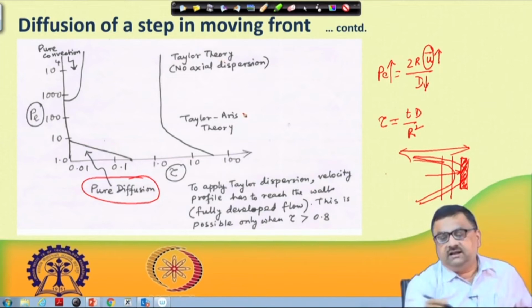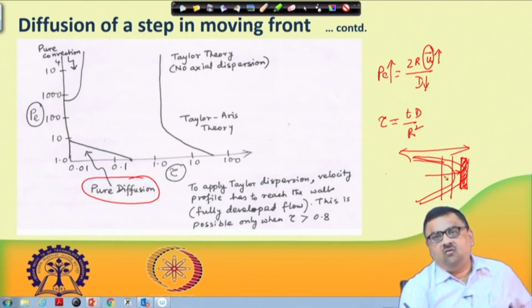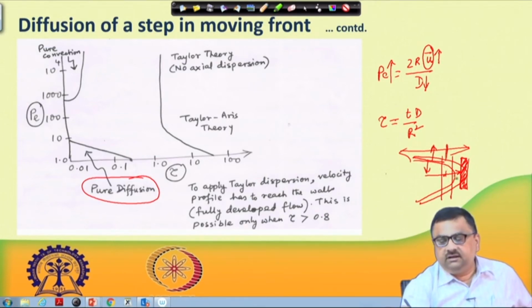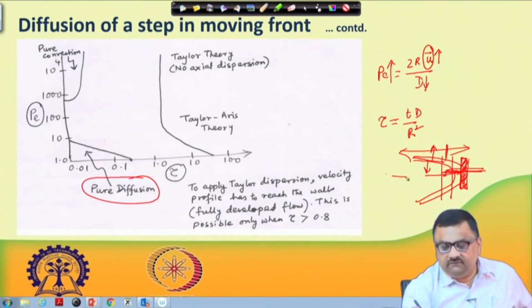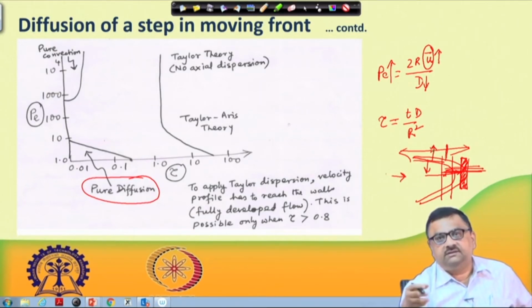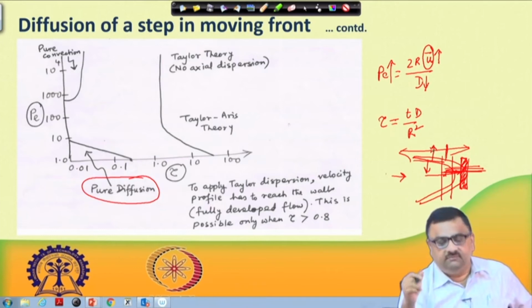Taylor-Harris assumed that over and above the radial diffusion there was axial diffusion also. So, you have convection, you have axial diffusion, you have radial diffusion. By three modes the mixing is taking place.